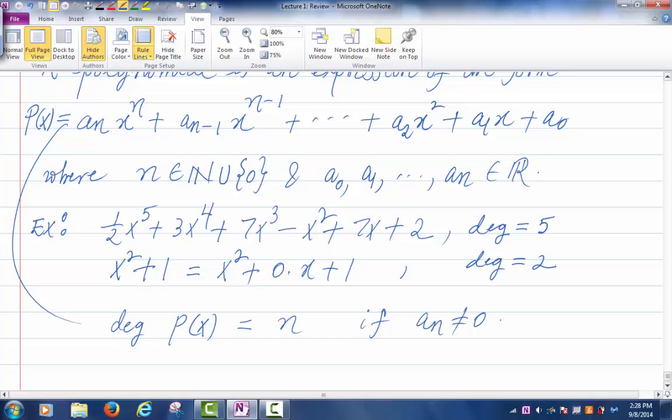Okay, and also when you have a polynomial, the coefficient of the largest exponent, largest power of x, is called the leading coefficient. So this guy here, that's called the leading coefficient.